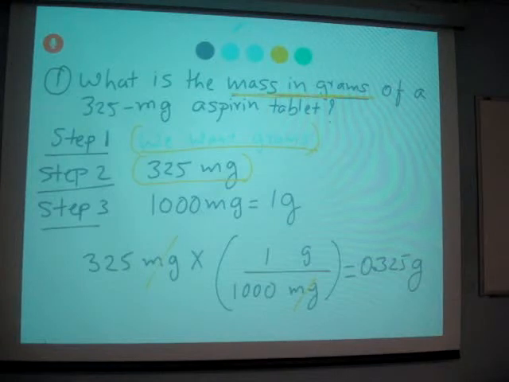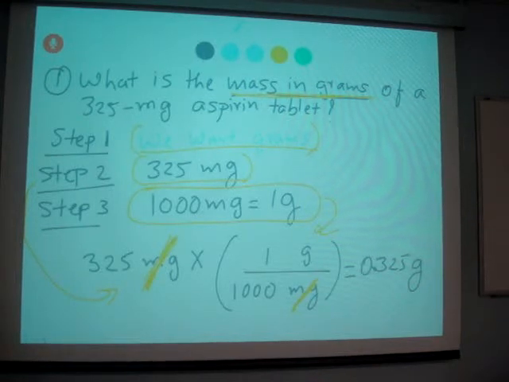That's the milligrams of the aspirin tablet. And we know the conversion factor, 1000 milligrams equals 1 gram. Now remember, step 2 is 325 milligrams times step 3. We set up milligram at the bottom so we can cancel, and we need gram on the top. So 1 over 1000 milligrams.